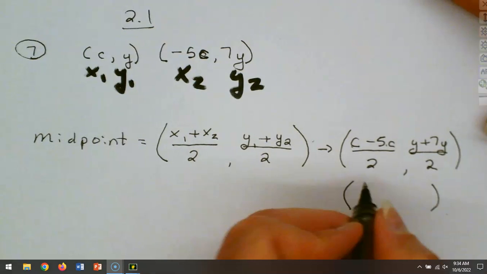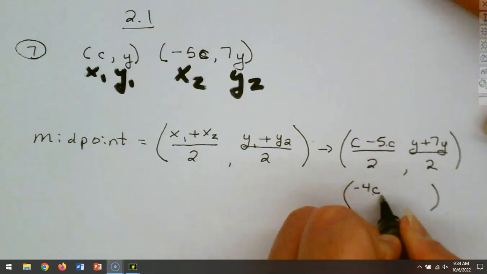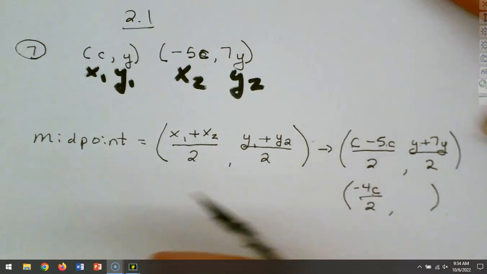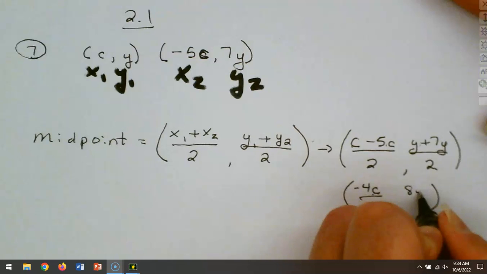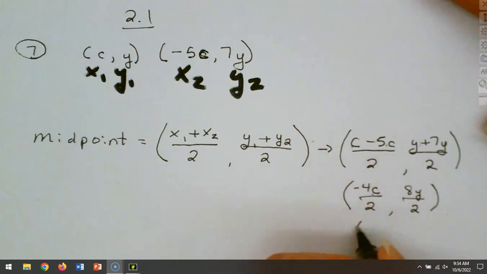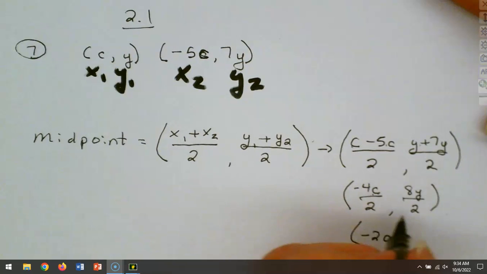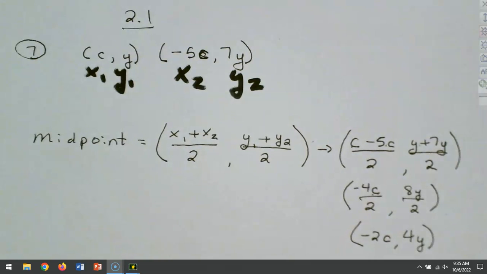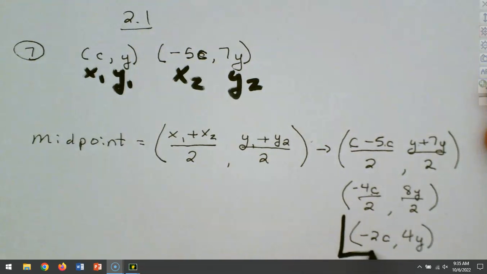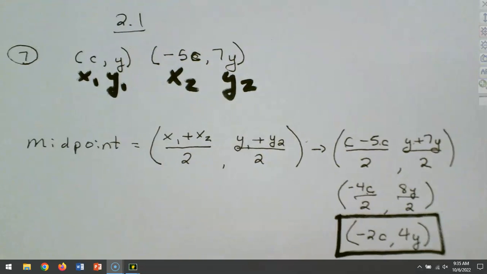C minus 5c, that's a minus 4c over 2. And y plus 7y, that's an 8y over 2. And that reduces down to a minus 2c and a 4y there. And that is all that I wanted you to do.